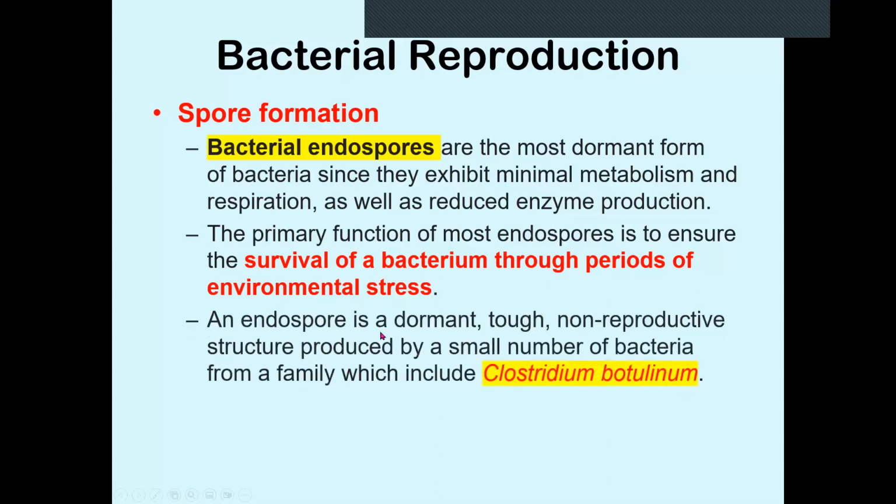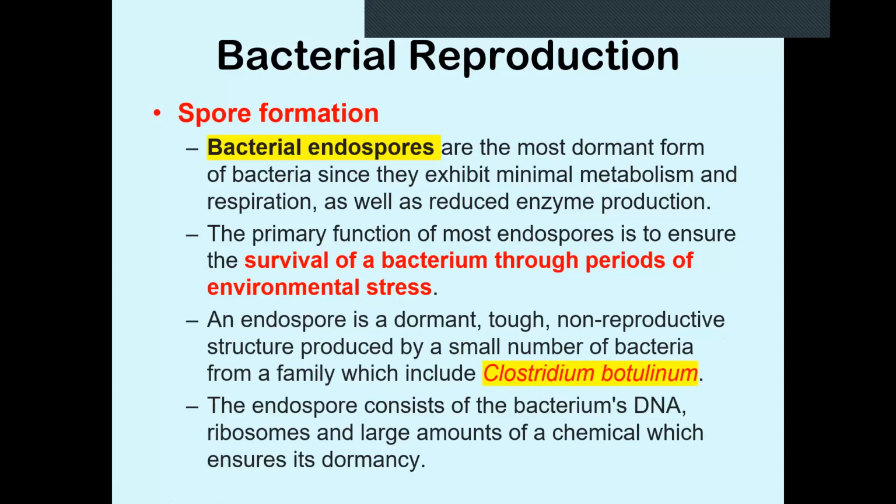But the endospore itself, the spore around the bacterium, is very tough, and it can hang around for many years. Clostridium botulinum is one of those. It contains the bacterium's DNA, the ribosomes, and all the chemicals which will keep it in dormancy.